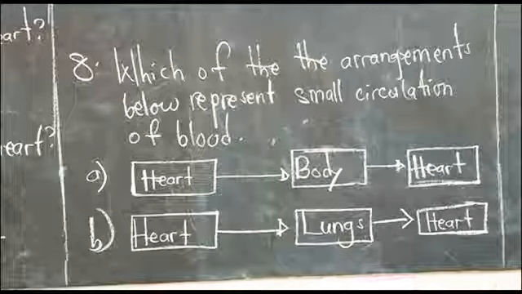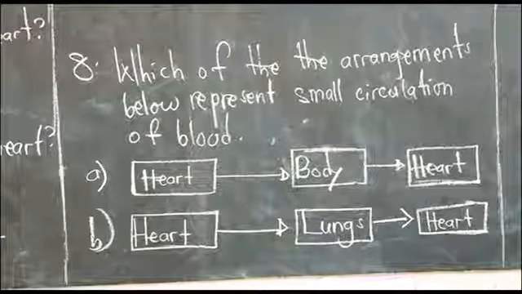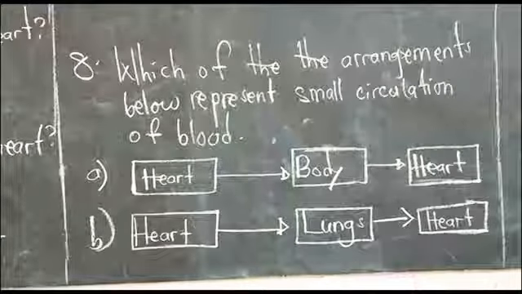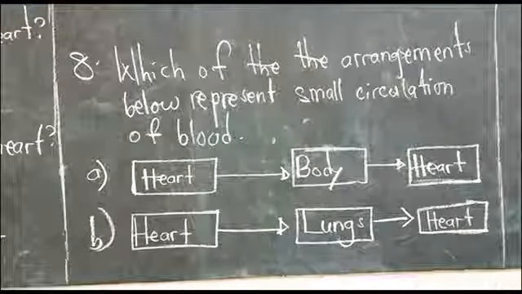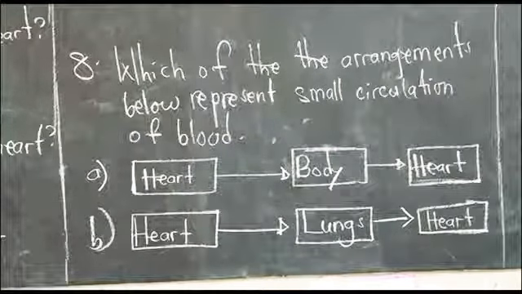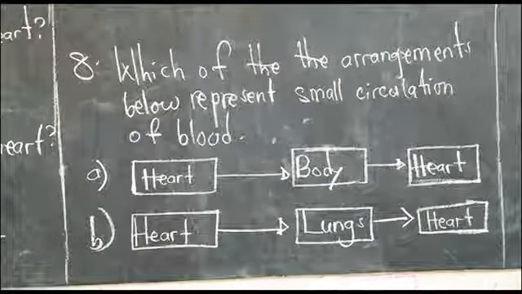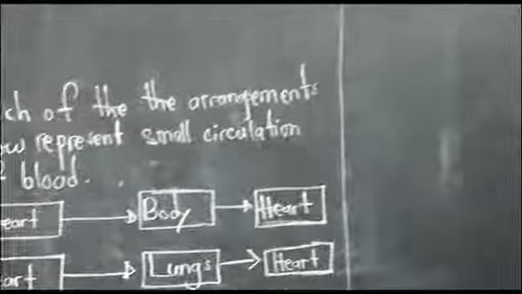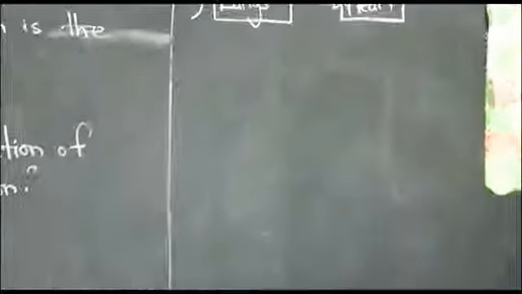When you come to part B, movement of blood from the heart to lungs and back to the heart, this will be small circulation. Then when we come to part C, we are given lungs to the heart. Check, is the arrangement correct?